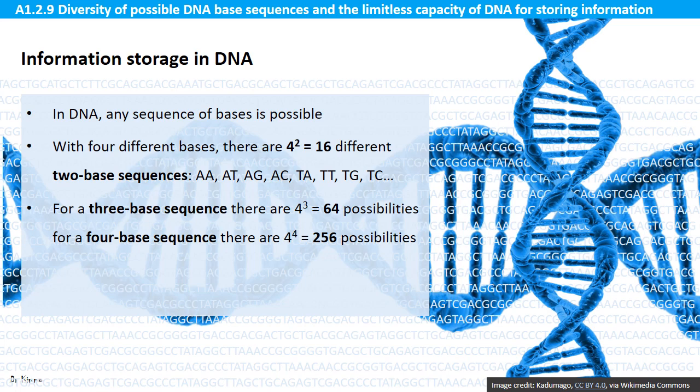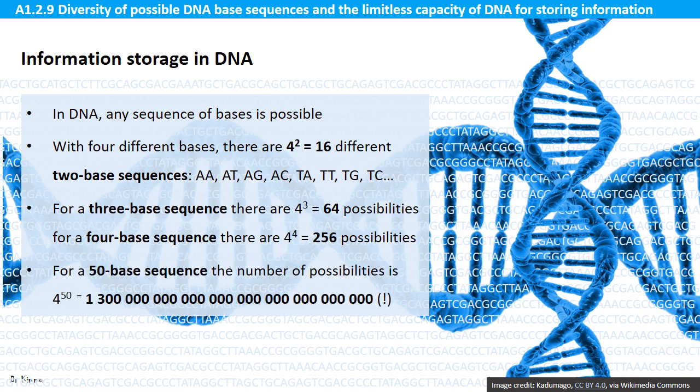That's 64. For a 4-base sequence, there are 4 to the power of 4 possibilities. That's already 256. Now for a 50-base sequence, the number of possibilities is 4 to the power of 50, and that is a huge number.